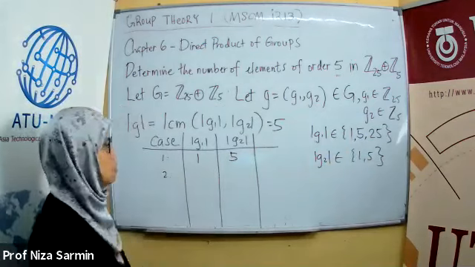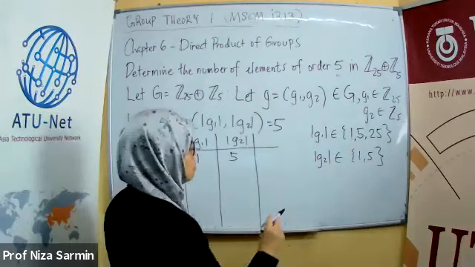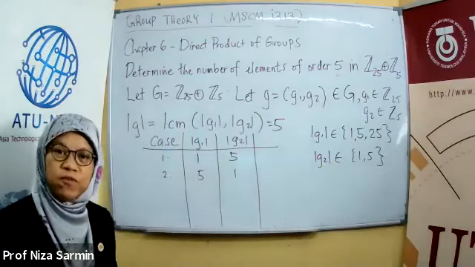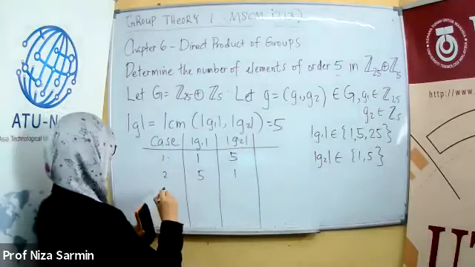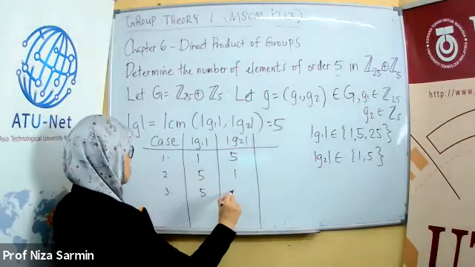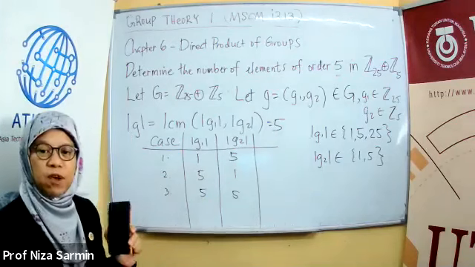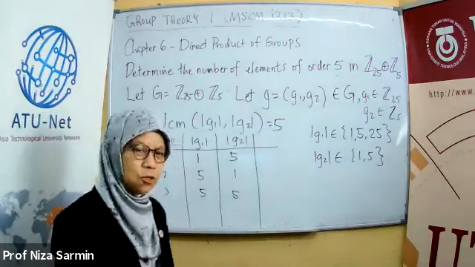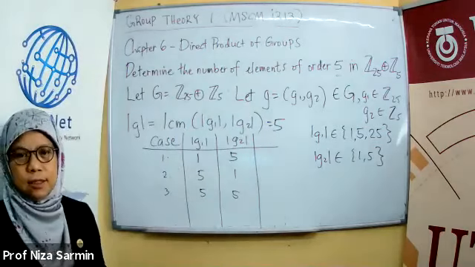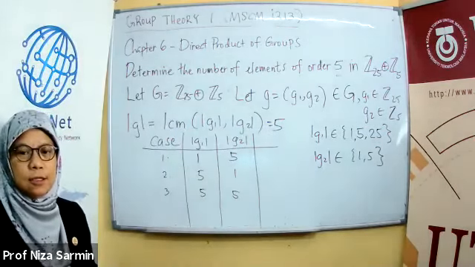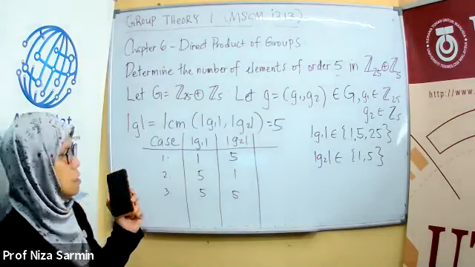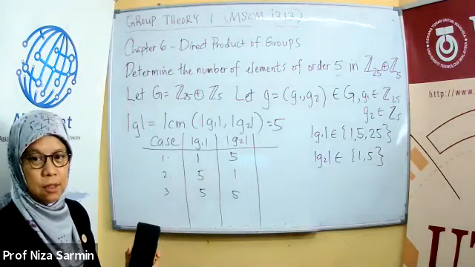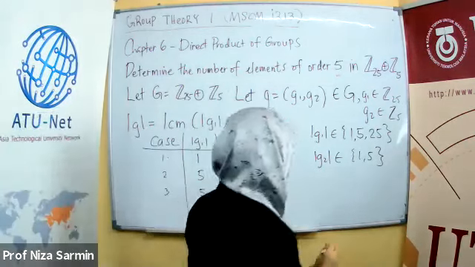Case 2: 5 and 1. LCM of 5 and 1 is 5. Case 3: 5 and 5. LCM of 5 and 5 is 5. That's it, we have only 3 cases. This is just the cases, it's not the number of elements.